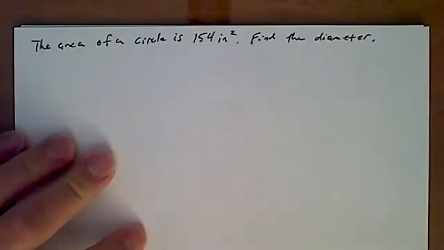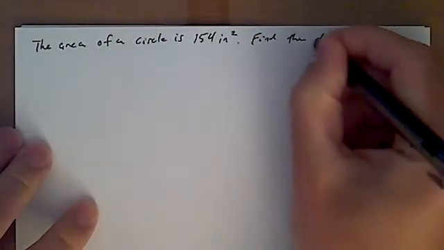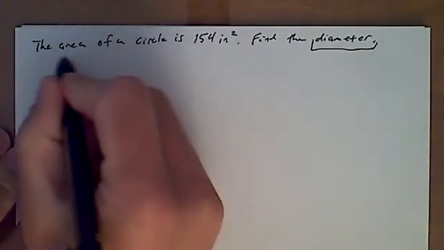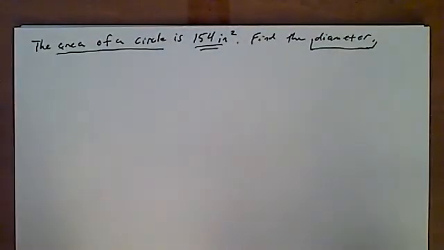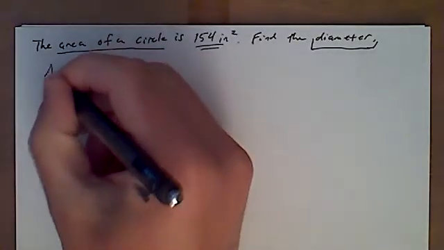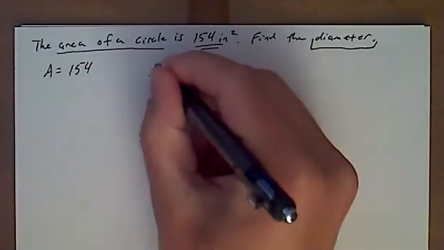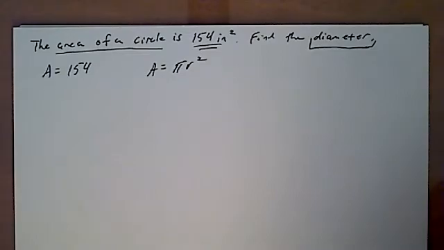All right. So a key word here is that it's asking for the diameter. The other would be we're looking at area of a circle, and that area is 154, right? We also know that the area of a circle is pi r squared, right?